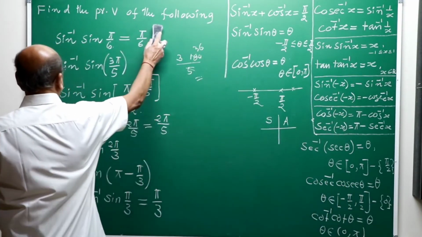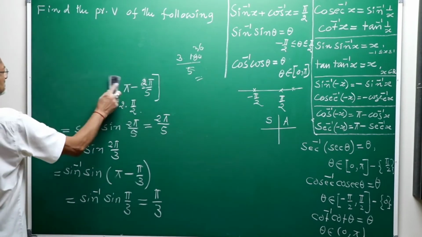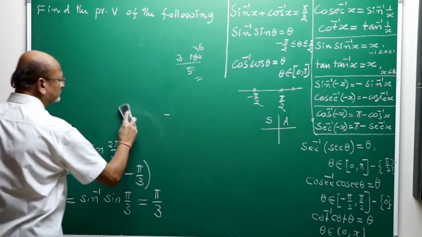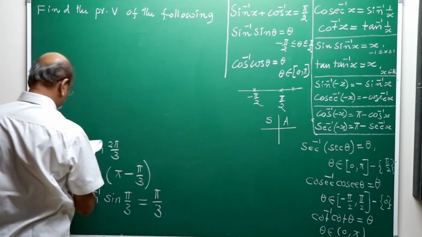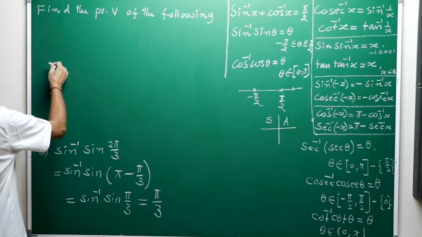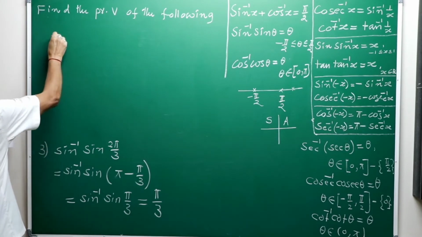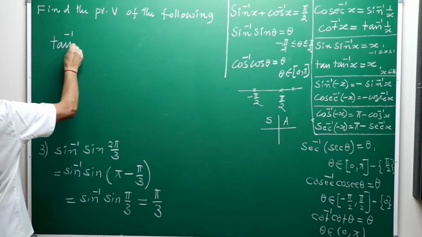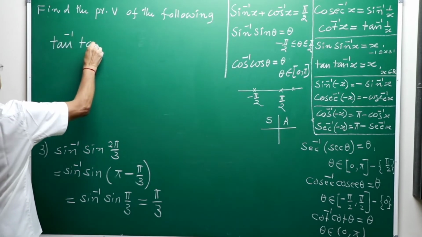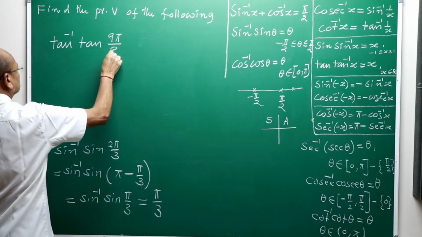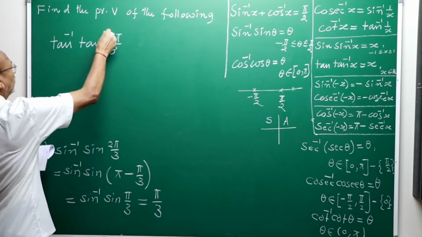Find the value of tan inverse of tan 9 pi upon 8.